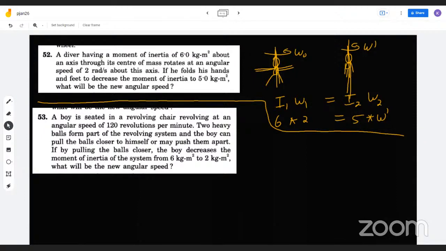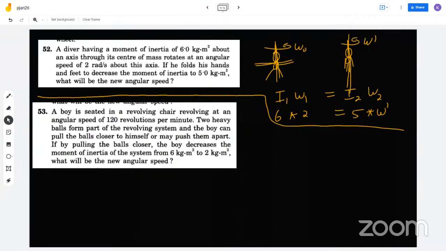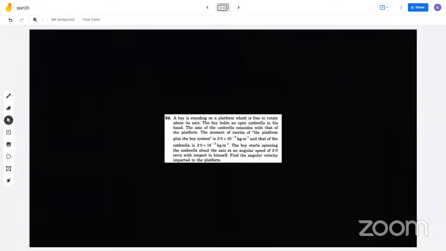Six into 120 by... Arav, answer is matching now. Yes.